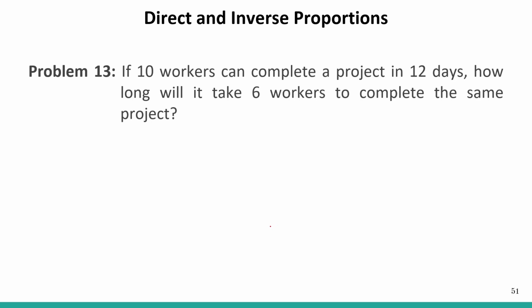So problem number 13. If 10 workers can complete a project in 12 days, how long will it take 6 workers to complete the same project? So what we can do here is use the work-time equation. Number of tasks is equal to 1. So it is number of tasks into number of workers into amount of time, that is 12.